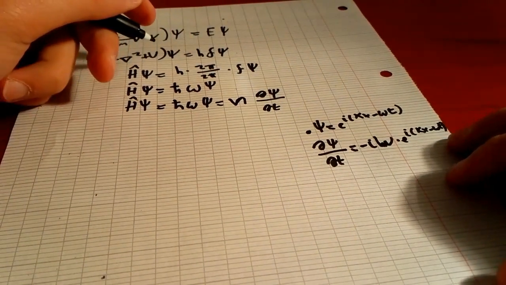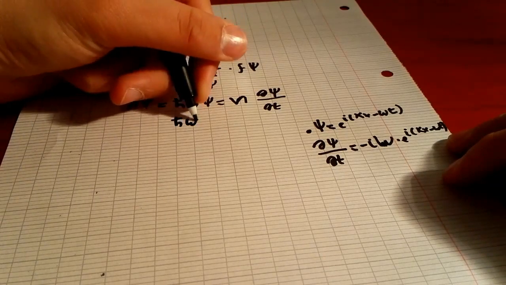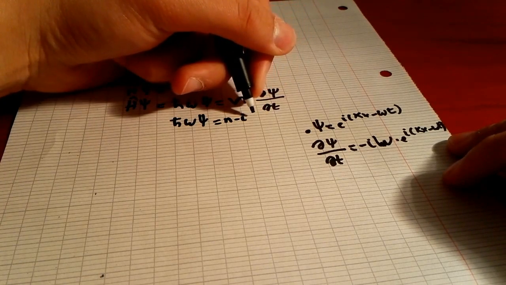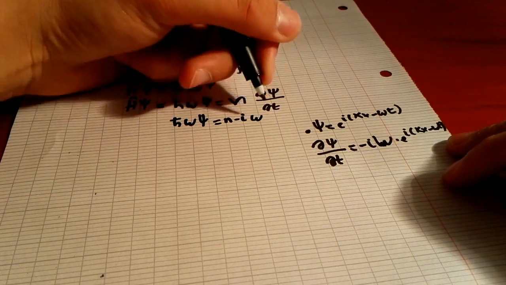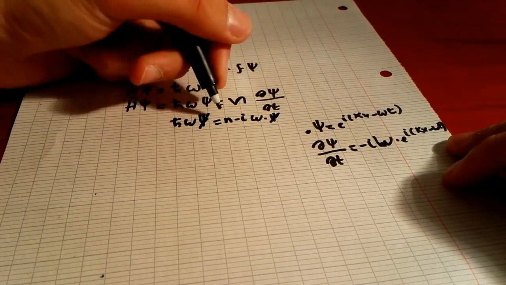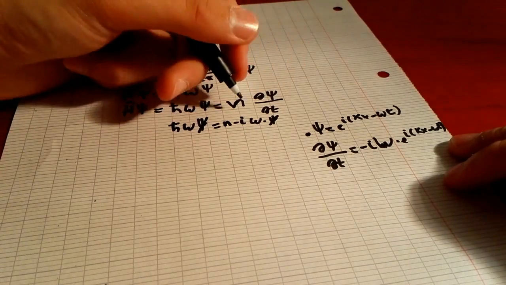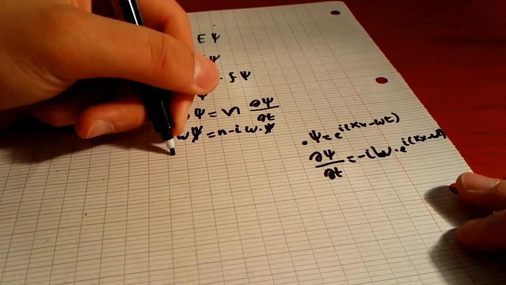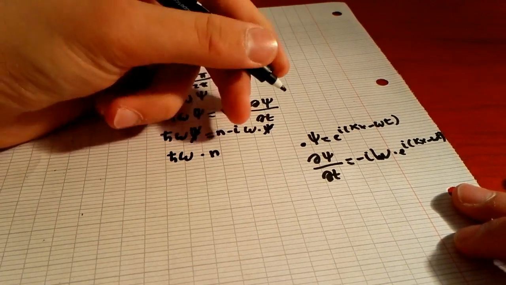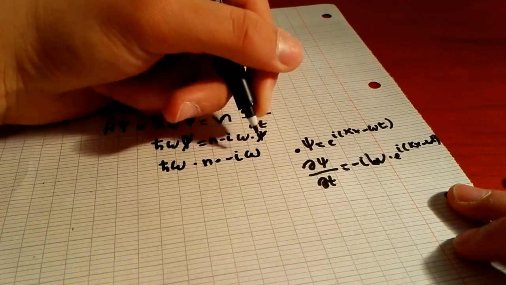So n multiplied, so h bar omega psi is equal to n multiplied by minus i omega times psi. Let's divide psi from both sides. Let's forget about psi for now; we'll put it back later on. H bar omega is equal to n times minus i omega.